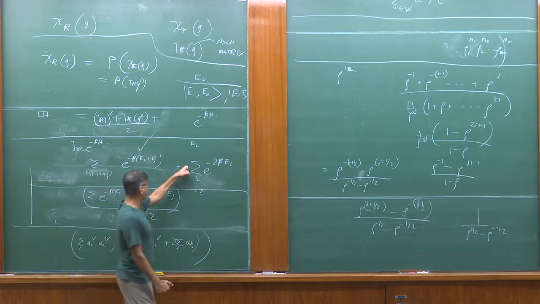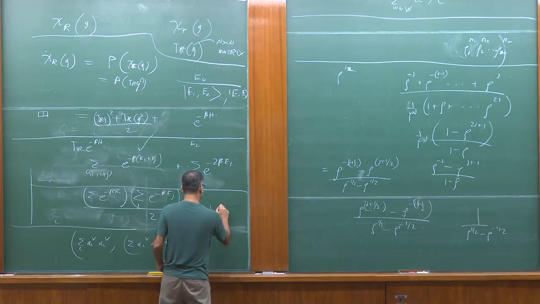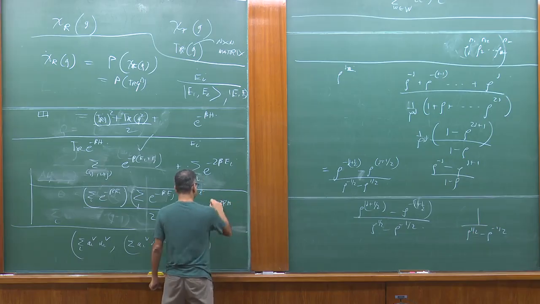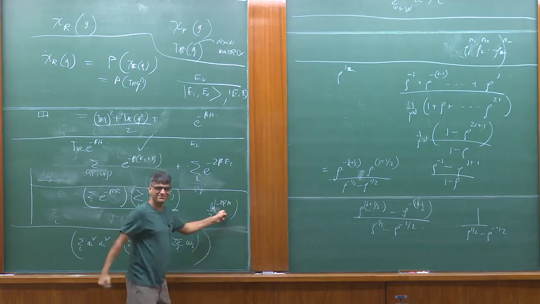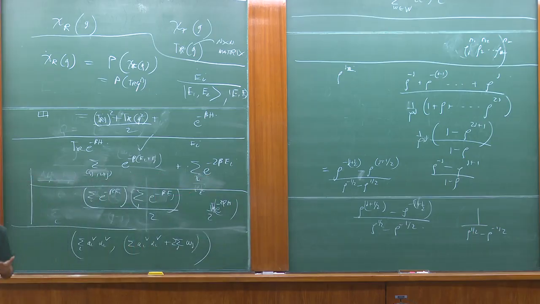Okay? So we want to add half of this. How do we do it? Well, half of that is simply half of the trace of e to the power minus 2 beta h. Right? Because that's what this is. Clear?